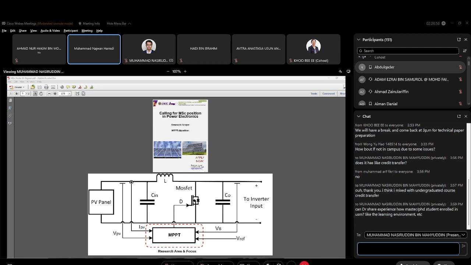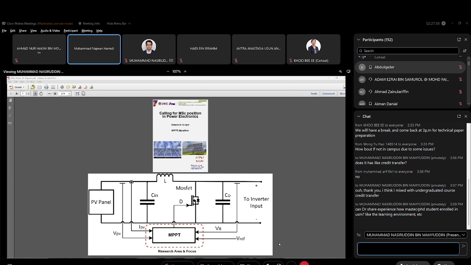So we might improve the MPPT algorithm itself in terms of tracking speed, steady state oscillation, or maybe even the efficiency of the converter itself. It is a really interesting area to jump into, and I believe those who are interested in power electronics would love this area because we will be dealing with renewable energy. So mainly for MPPT, we are dealing with a solar renewable energy system, PV.